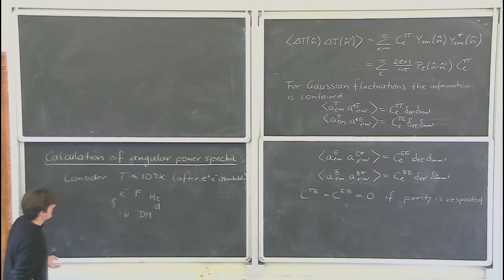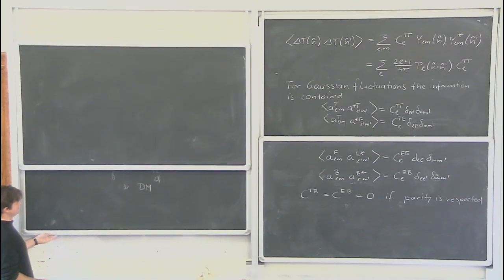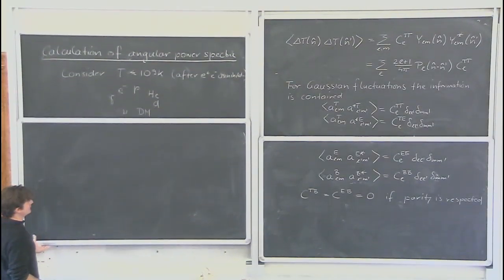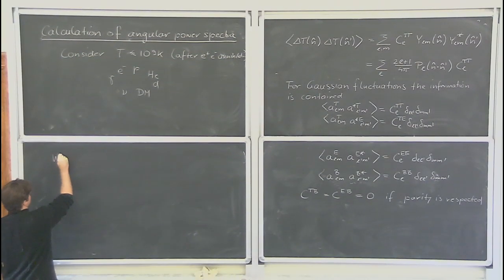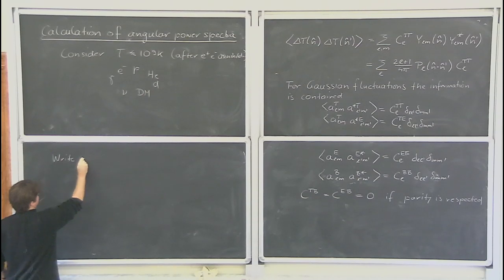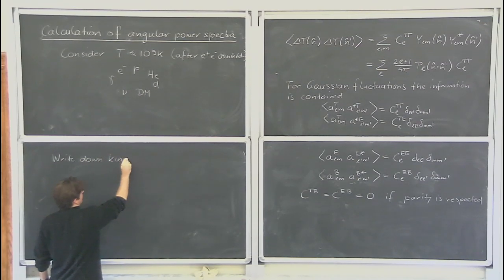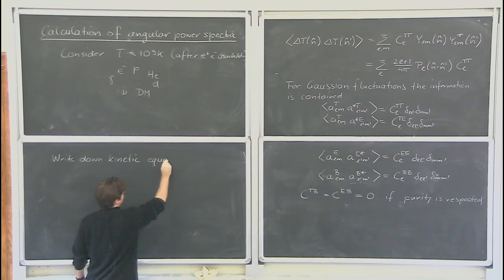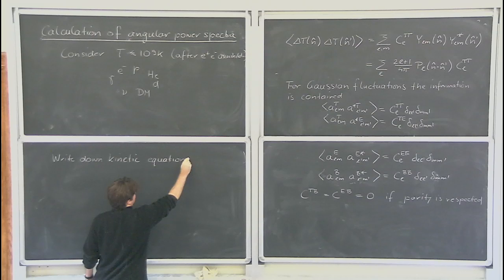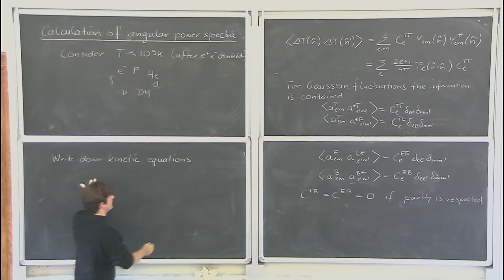In principle, or in practice, when people analyze it, what's done is conceptually straightforward. You write down the kinetic equations for that system, the Boltzmann equation, including collision terms and so on.